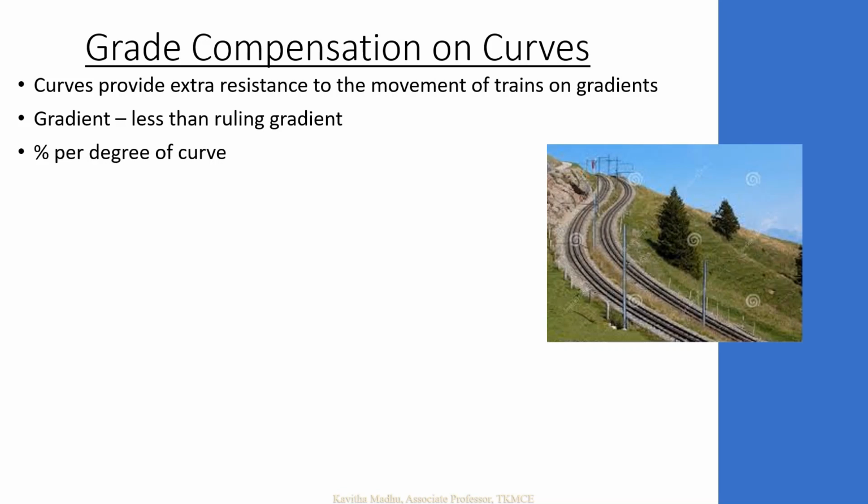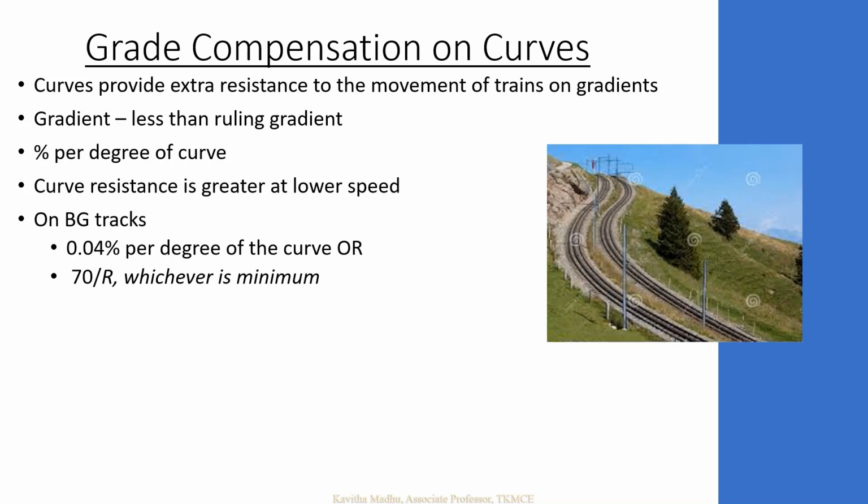The curve resistance is expressed as a percentage per degree of the curve, and the curve resistance is greater at lower speeds. On broad gauge track in India, the compensation for curve is given as 0.04 percent per degree of the curve, or in terms of radius, it should be 70 by R, whichever is minimum.